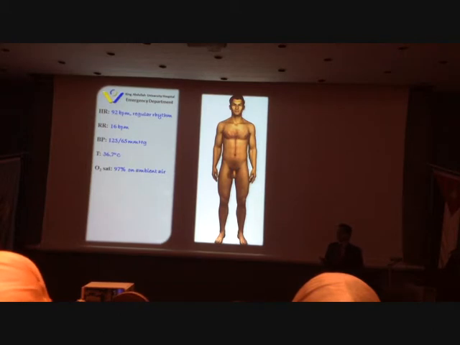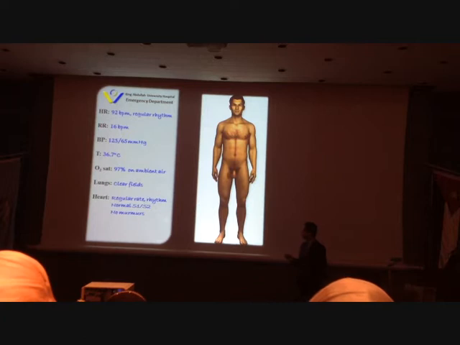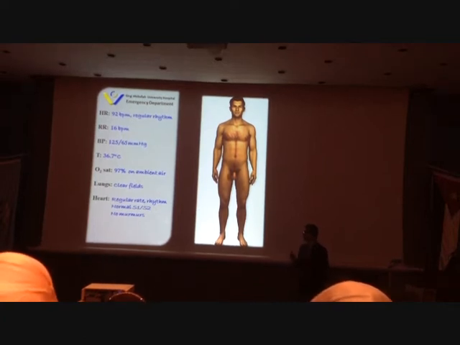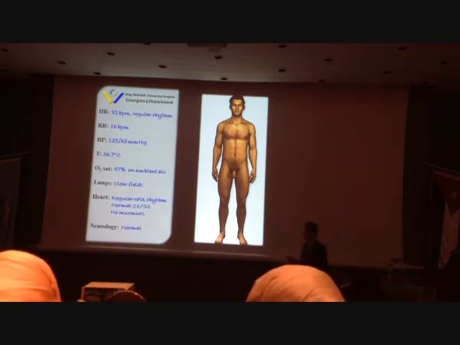The oxygen saturation was 97% on ambient air. The lung fields were clear, and the heart sounds were normally split S1 and S2. It was on a regular rate and rhythm, and there were no murmurs. And finally, the neurological exam was normal.